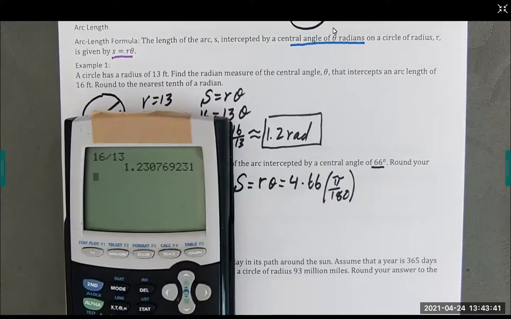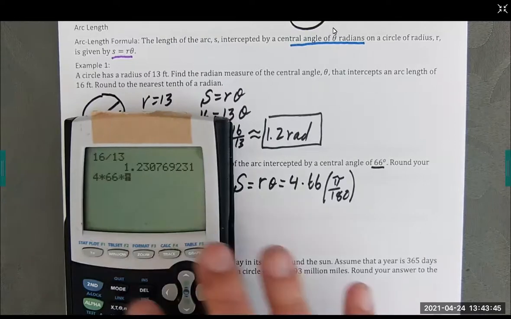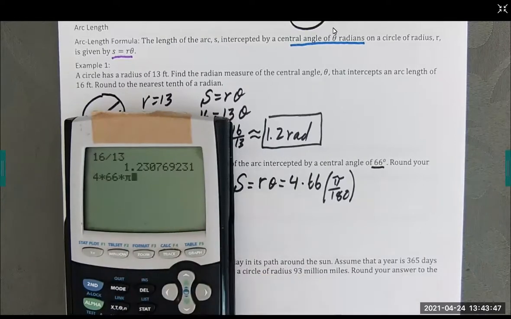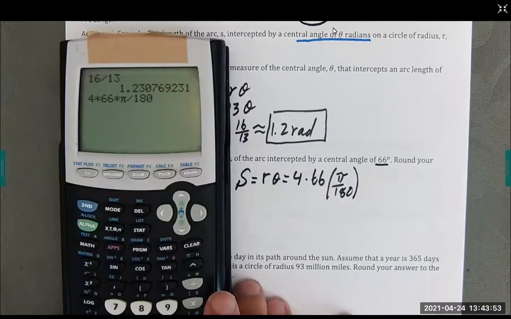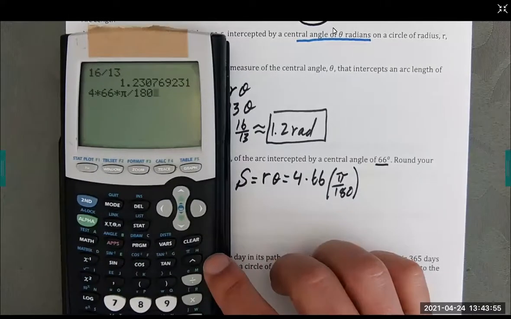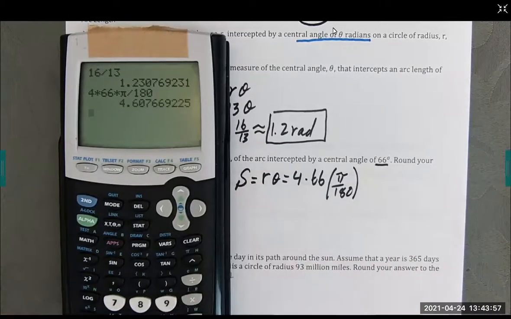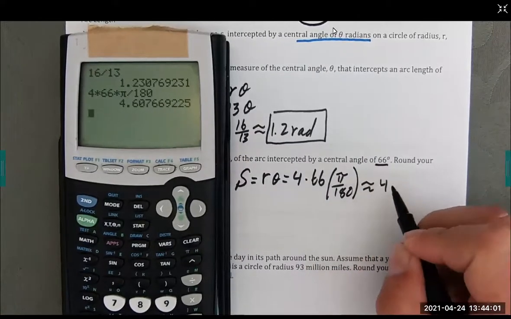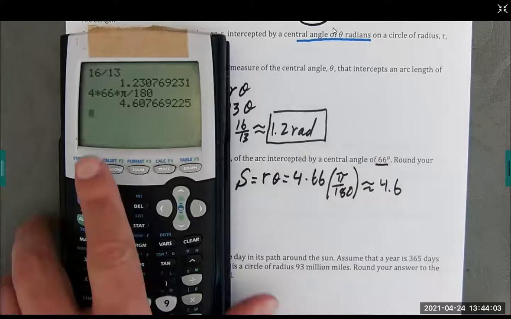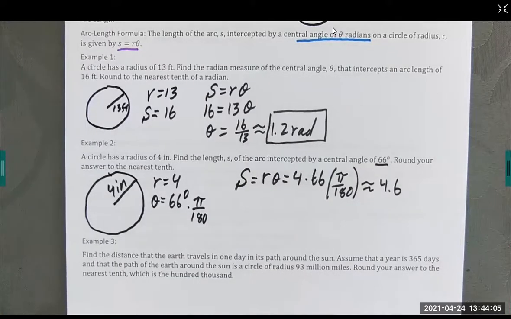So we have 4 times 66 times pi divided by 180. And in case you missed it, the pi button on my calculator is above the caret. So we're getting about 4.6, and this is going to be in inches.